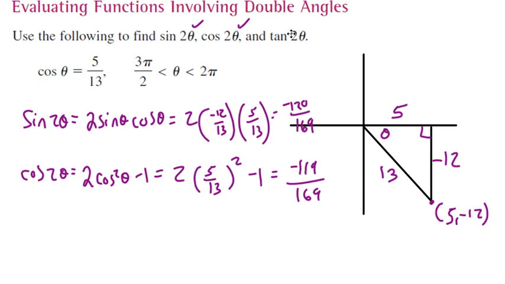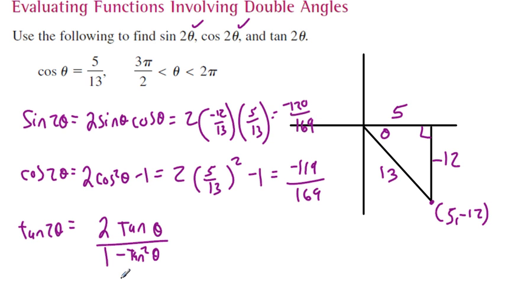Last but not least, tangent of 2 theta. We're going to do 2 times tangent of theta, all over 1 minus tangent squared theta. There's no other option. They only have one double angle formula for tangent. So it's 2 times our tangent of theta.